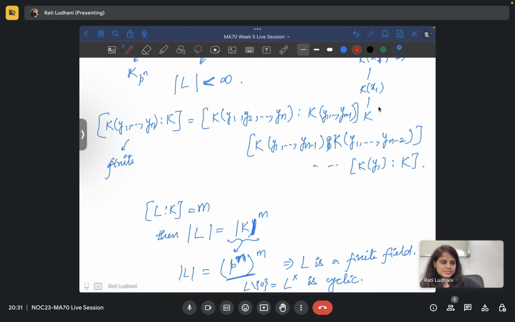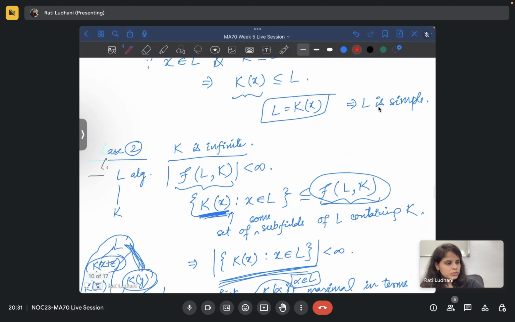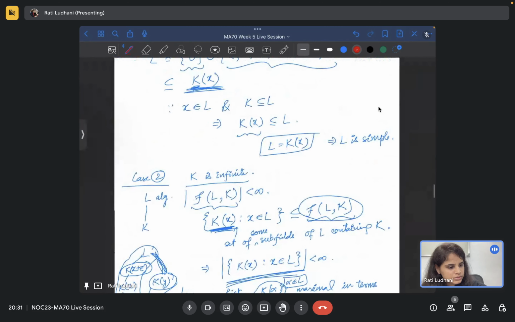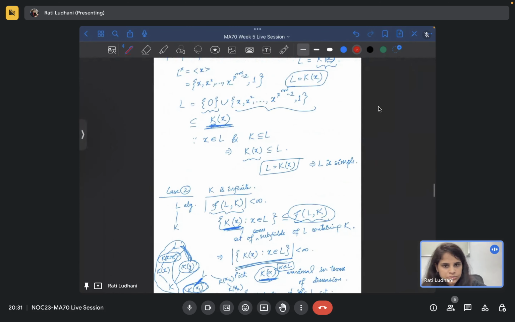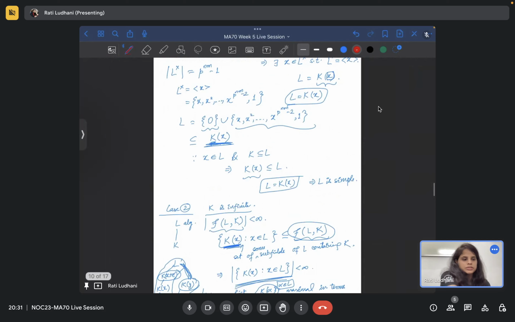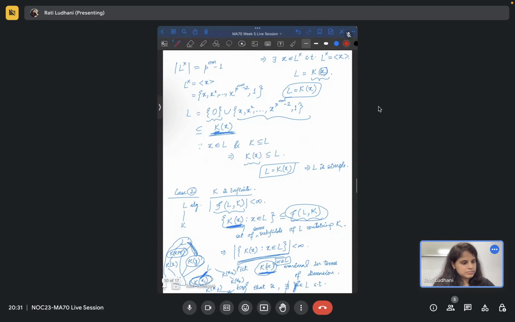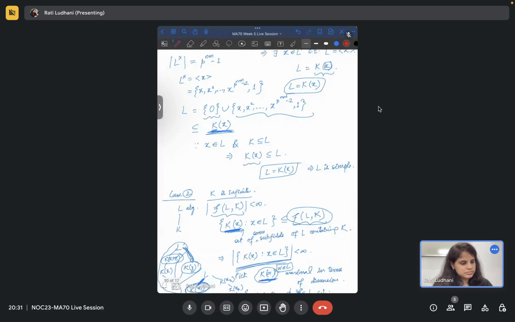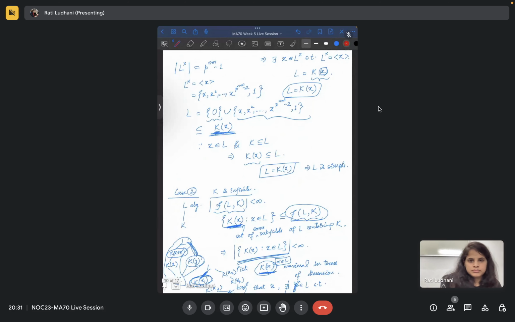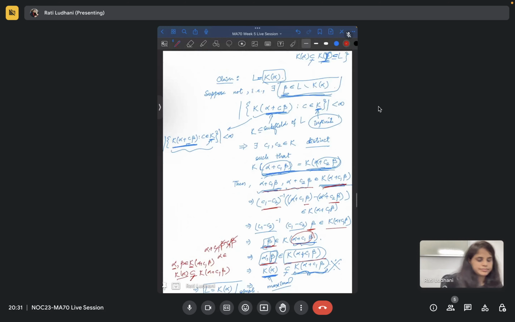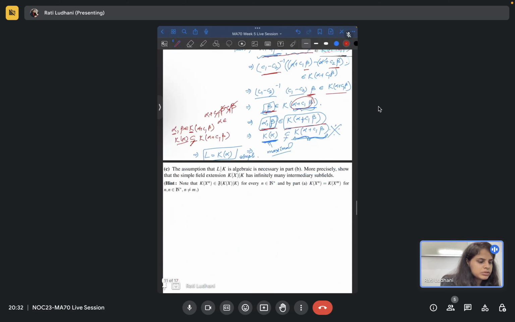The last two pages I was busy understanding. Sure, so this is the page. I can even do this. Yeah, this was the last.